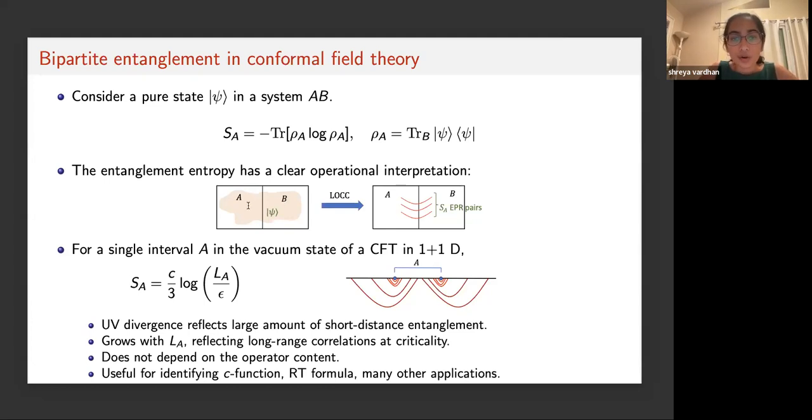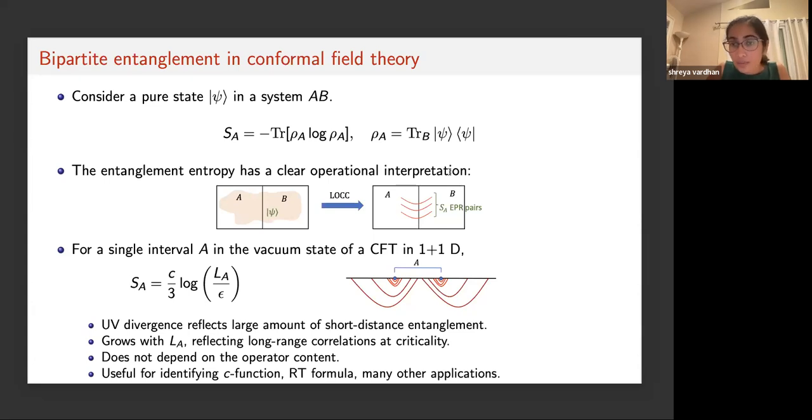If you consider all possible local operations in the systems A and B, and all possible classical communication between them, this is a set of LOCC operations, then there's some maximum number of EPR pairs that you can distill out between the systems A and B by doing such operations. And this number is exactly equal to the entanglement entropy between A and B. So this quantity has a very precise operational interpretation.